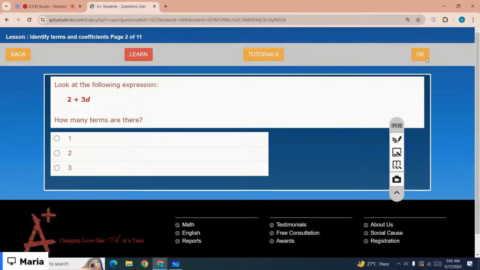You have now two terms. 2 plus 3d. They are two terms and they make an expression with the positive sign, right? With this addition sign. So you have two terms. The correct option is 2.